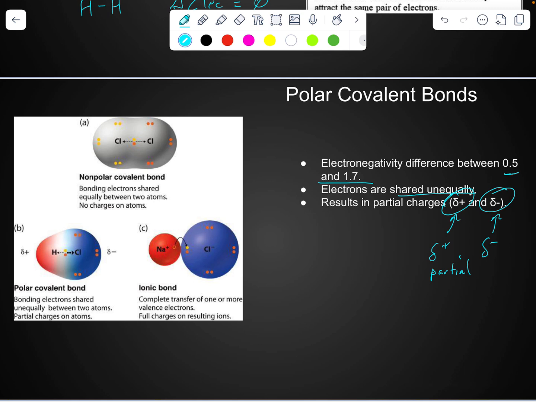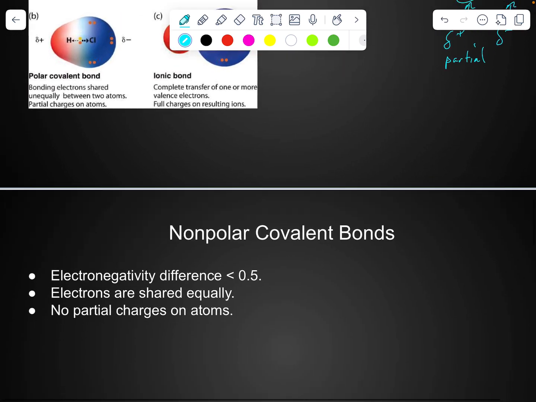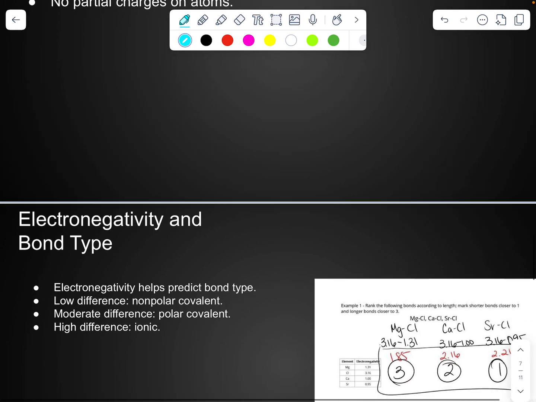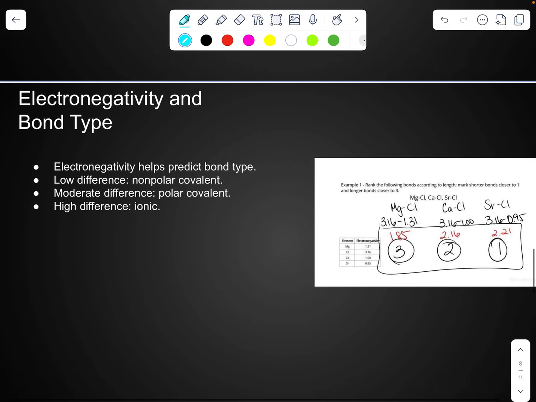Very different than ionics, so that's why we have to show that delta symbol, that's a lowercase d. Nonpolar covalents are below that threshold of 0.5. Okay, electronegativity and bond type is what we need to get comfortable with.